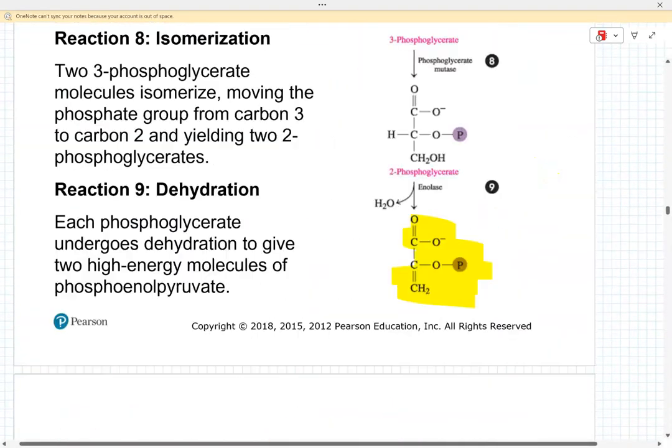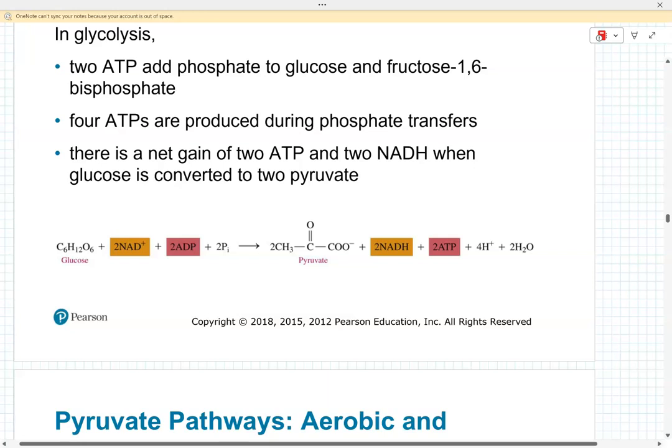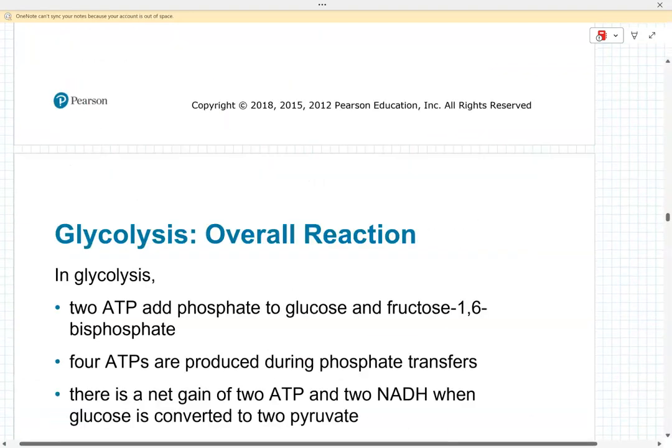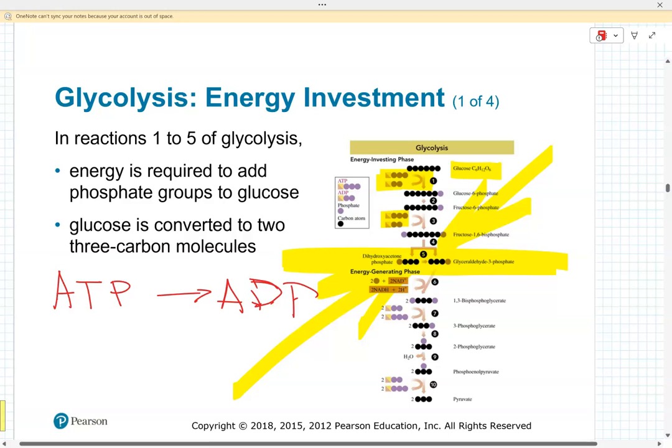Now, this is the summary. Well, sorry. To give us that summary, I'm going to go back to that scheme and take a look at it again. How many ATPs do we spend during the energy investment phase? 2.